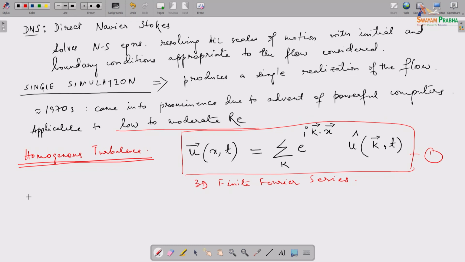Okay, all right. So then, here, let me just say these are Fourier modes.